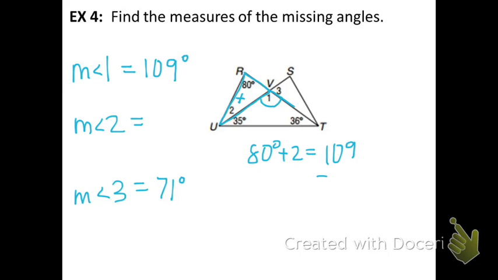So then all we have to do is subtract 80 to get 29 degrees. Now there's another route that you could go about finding that. You could say that 3 is a vertical angle with this angle right here, and so that's the exact same as 3, and you could add 3 and 80 and subtract from 180 to get 2. So either way that you go about doing that will be fine.